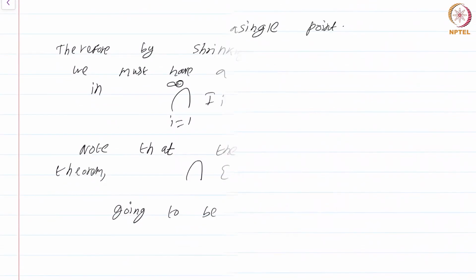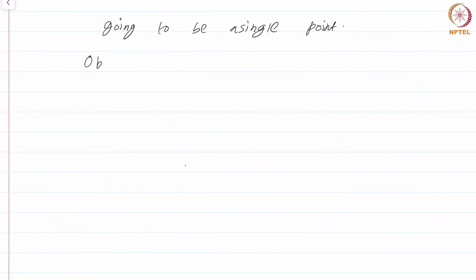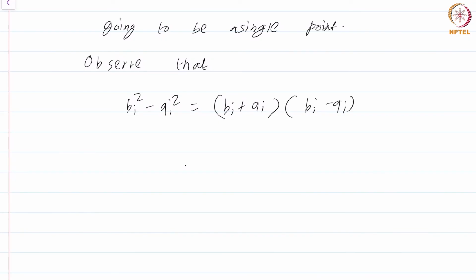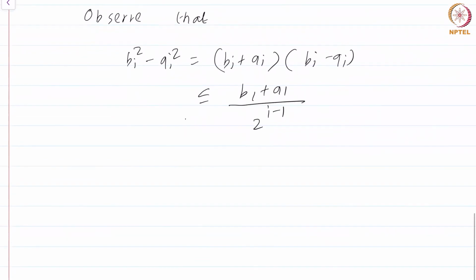Why is this the case? Observe that bi² − ai² is equal to (bi + ai)(bi − ai), which is less than or equal to (b1 + a1)/2^(i−1).